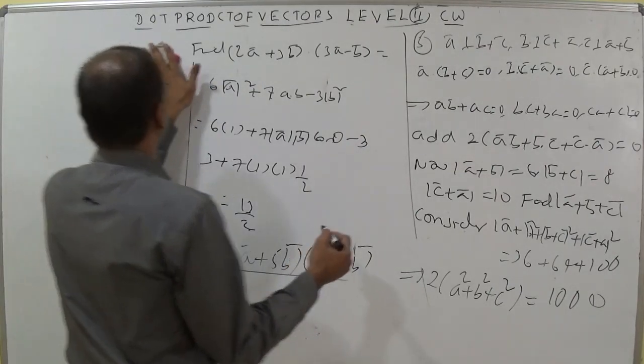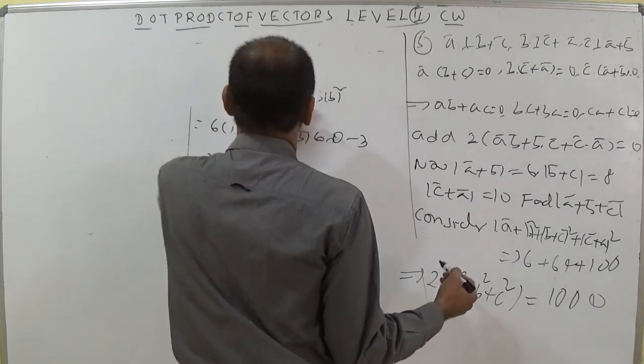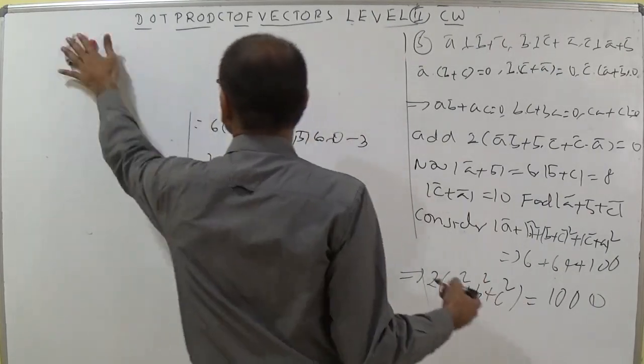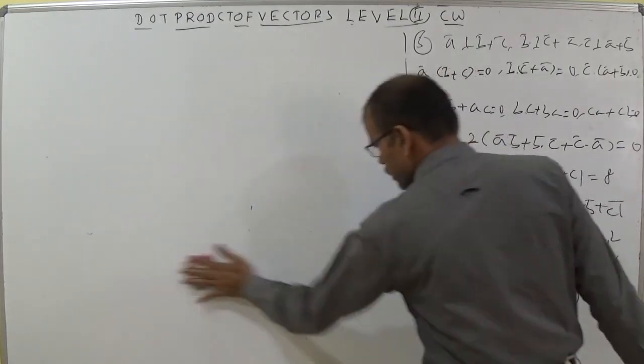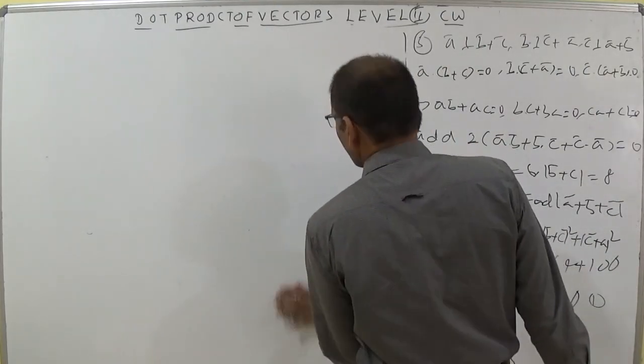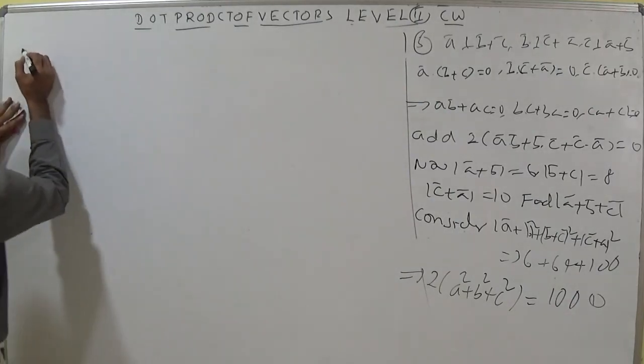Now we should find out the magnitude of the vector a bar plus b bar plus c bar. Now we should consider the vector whole square of a bar plus b bar plus c bar.